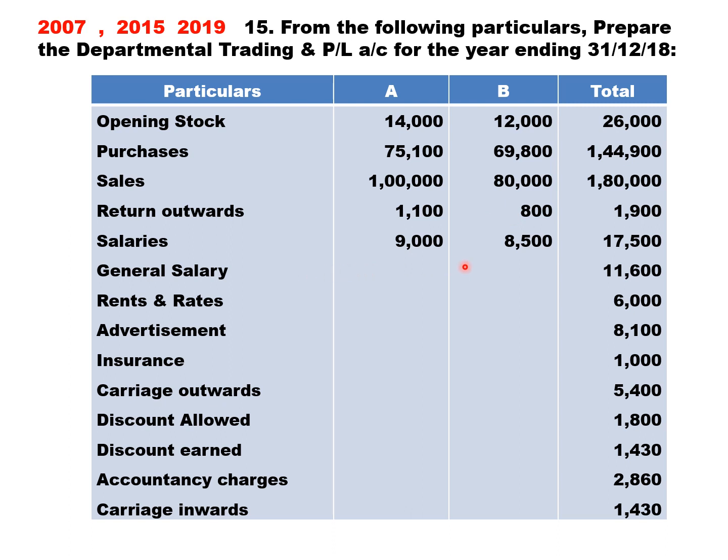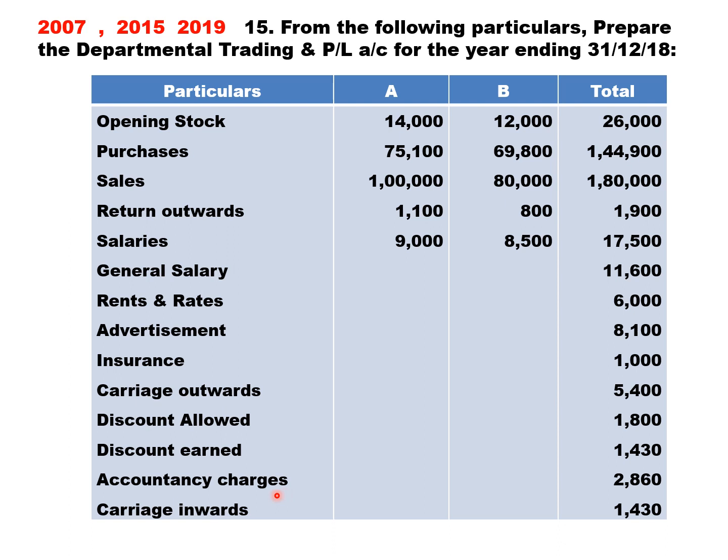Then we have salaries, which will come in PL account: general salary, rent and rates, advertisement, insurance, carriage outward, discount allowed, discount earned, accountancy charges, and the carriage inward.